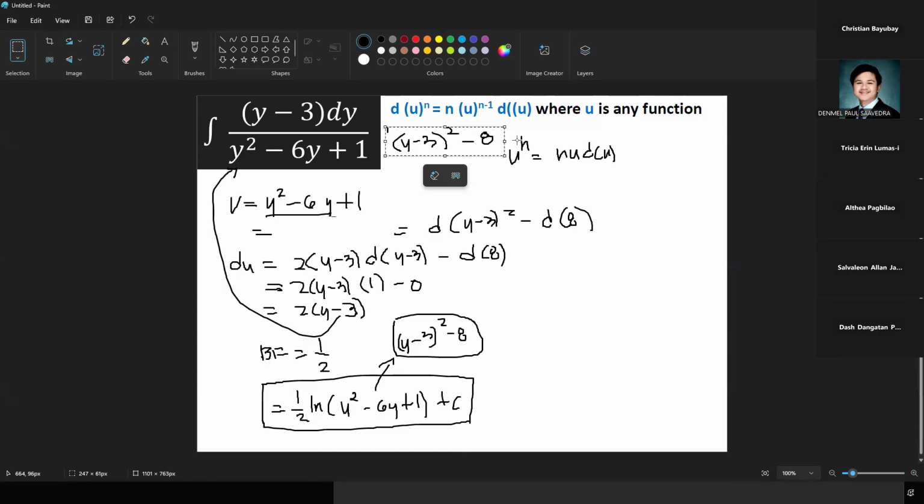Bringing down the n, and then this is your u, just copy it as it is, and then reduce the exponent by 1. So from raised to 2, it became raised to 1, and then the derivative of the u, which is y minus 3, and the derivative of y minus 3 is 1.